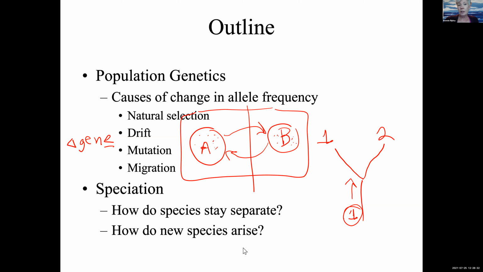Mutations may be a benefit to the population if they're useful, or they may be a detriment. So mutations may be positive or negative. Over the evolutionary history of an organism, all of the genetic diversity that is present is due to there having been some mutation in the past.